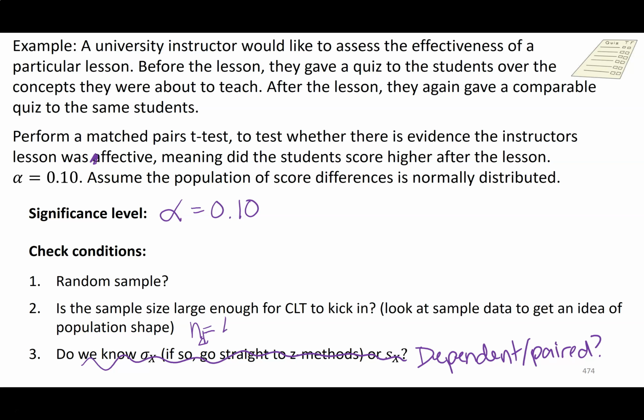I have 4 pairs, which isn't very big, but the population we said was normal. So a sample size of 4 should be okay, although we're not thrilled, 4 is very small. Then it was a random sample of students. So it sounds like this instructor gave all the students this quiz before and after, and then they randomly sampled 4 of them.